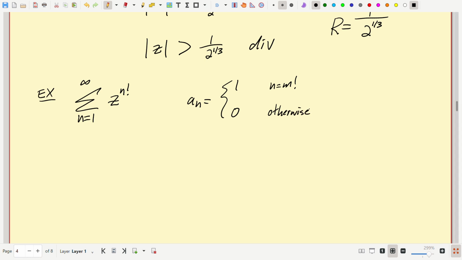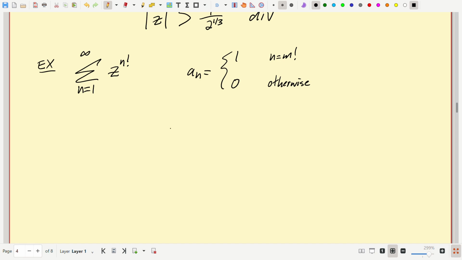Well, so if I look at those sets, the sup of the nth root of mod a_n, there's certainly a big number out there that's bigger than n, that's a factorial. And so at least one of those things is 1. So that's either zeros or ones, and there's at least one out there. The sup of such a set is equal to 1.